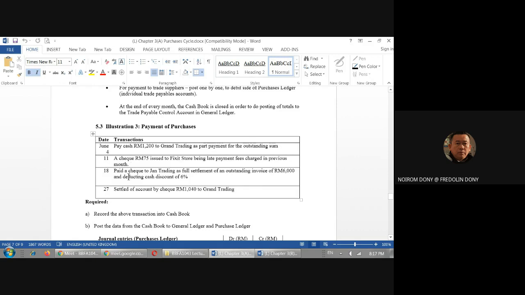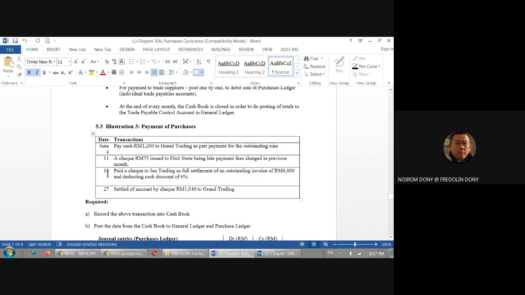And then on the 18th, paid check to Jan Trading as full settlement of an outstanding invoice of 6,000 and deducting cash discount of 6%.